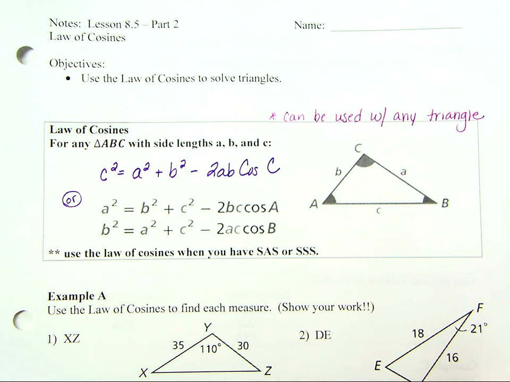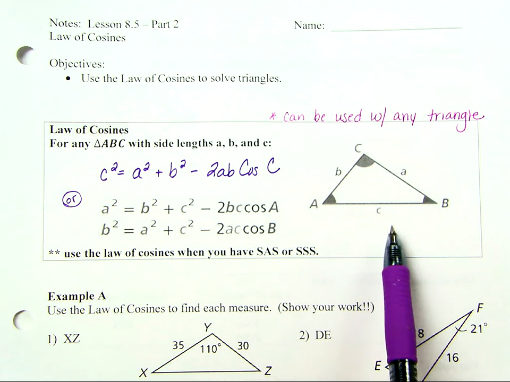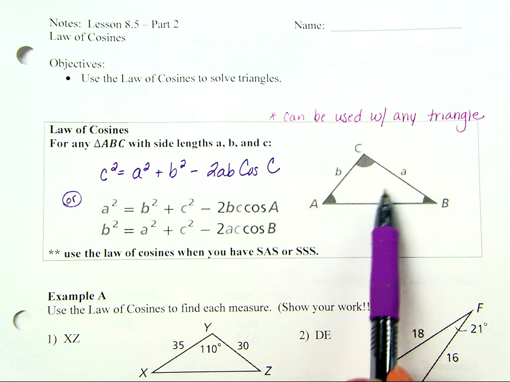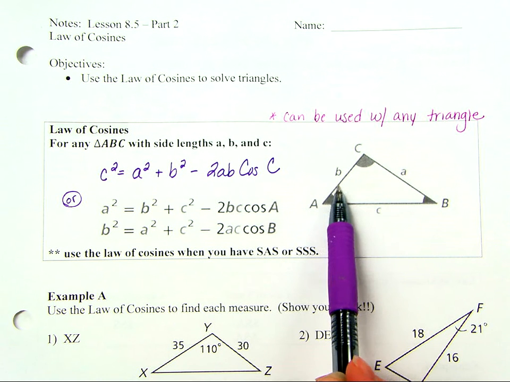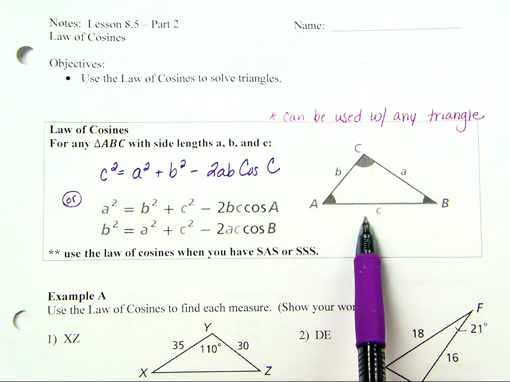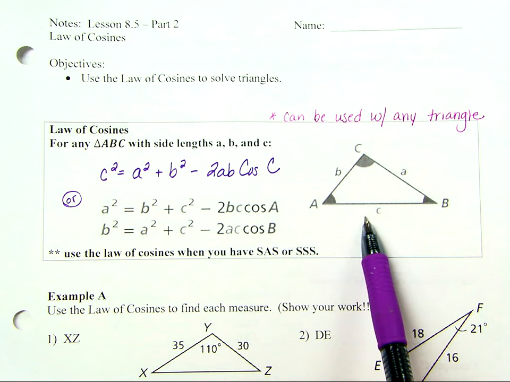Now, basically, the law of cosines is going to kind of look like a big formula. And in my triangle here, I still have angle A and side A opposite from each other, angle B and side B, angle C and side C, again, opposite from each other.